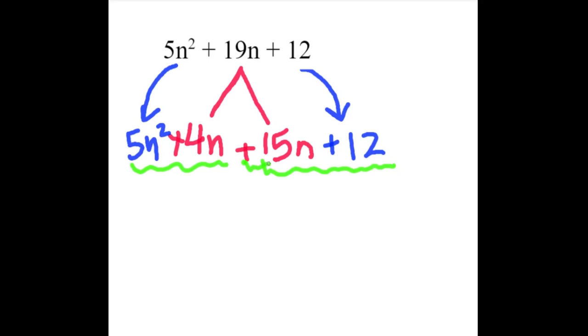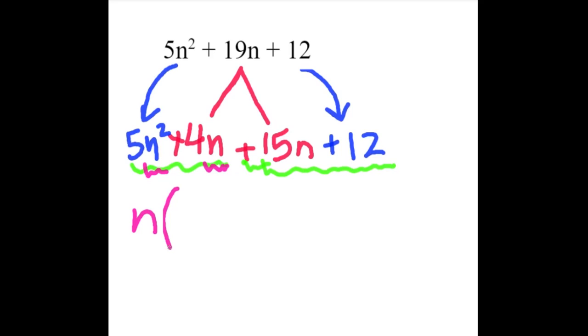We're going to find the greatest common factor of each. In the first group, I have 5n squared plus 4n. There is no greatest common factor of 5 and 4. However, if you look at the n's, we do have a greatest common factor of n. So I'm going to take an n out.